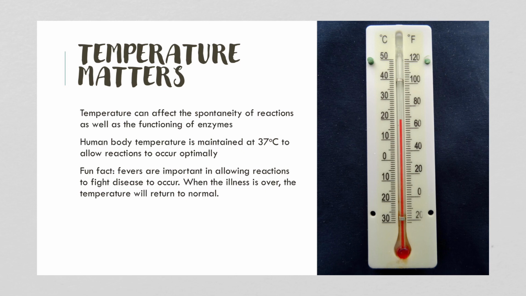When the illness is over, the temperature will return to normal because those reactions are no longer necessary. Some of the reactions that help us fight disease actually happen at a higher optimal temperature, and that's why we get a fever. It's not necessarily the disease that's causing the fever, it's our body responding to the disease by creating a fever so different reactions can happen.